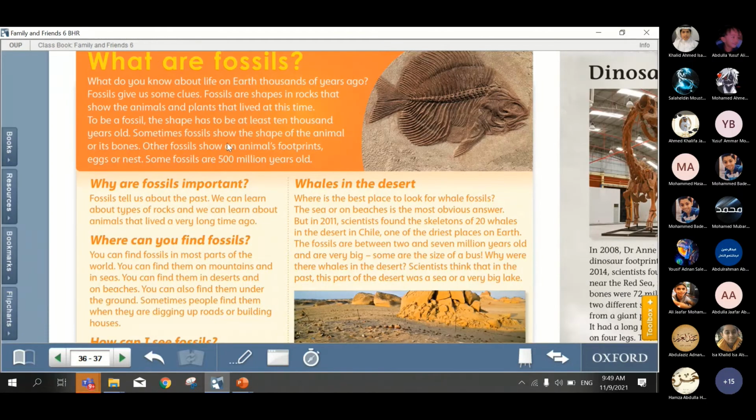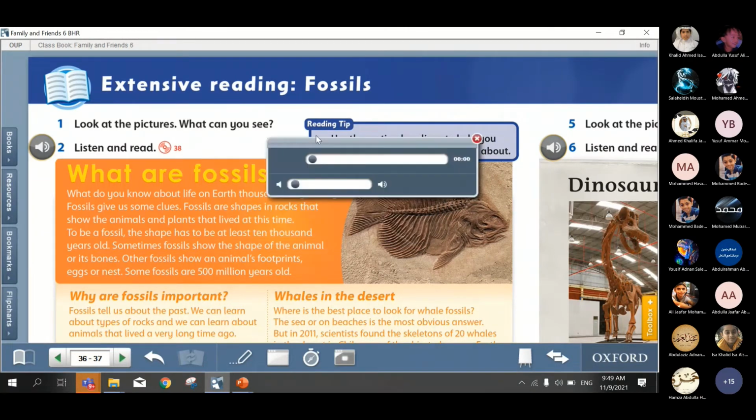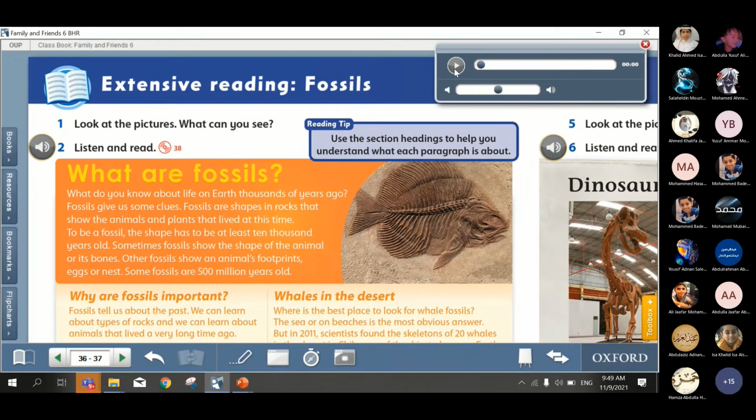Okay, now it's time to listen. Listen carefully. Listening 38. Listen and read. What are fossils? What do you know about life on Earth thousands of years ago? Fossils give us some clues. Fossils are shapes in rocks that show the animals and plants that lived at this time.